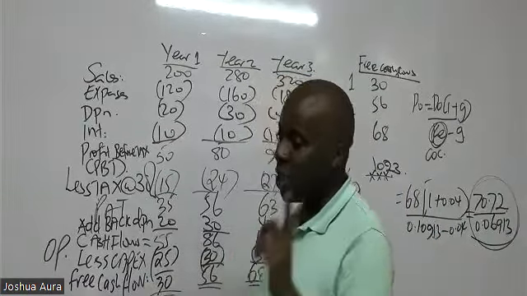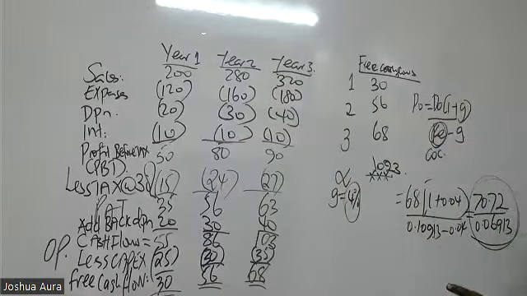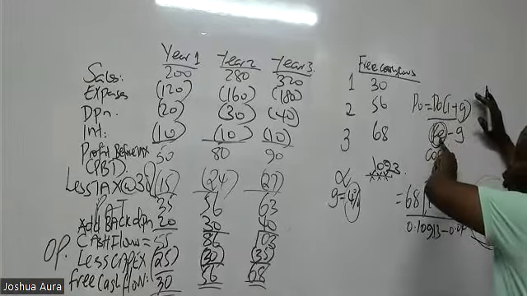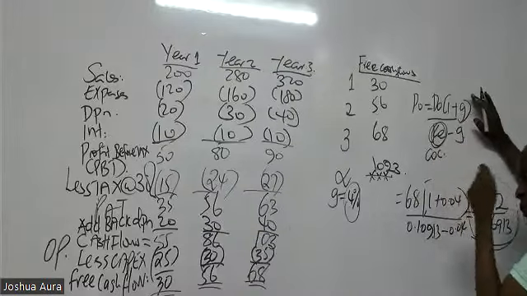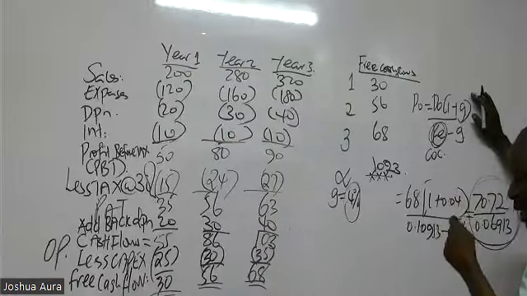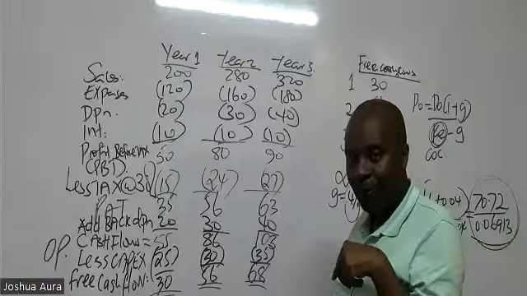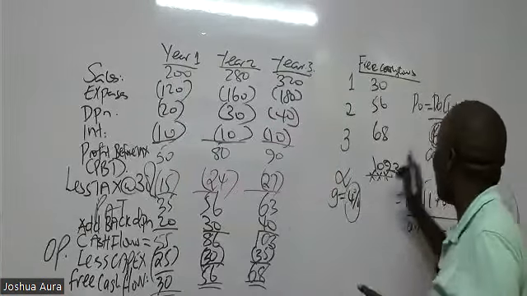Now, please listen to me very carefully. When it comes to valuation of shares, we strictly use KE here. But for valuation of organizations, I would want to repeat this: our organization has both debt and equity.